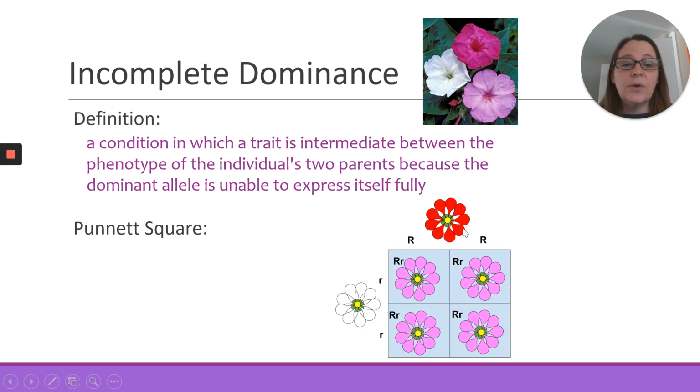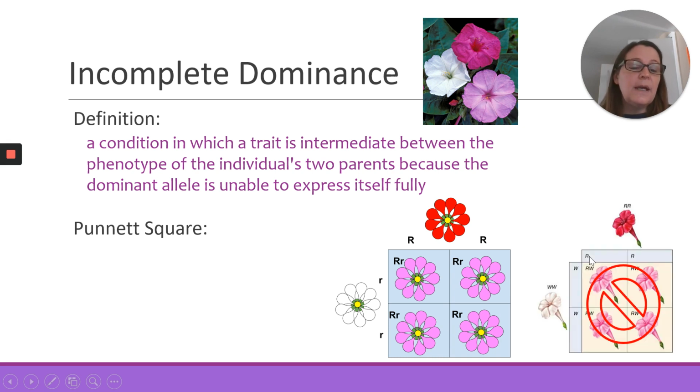For this case, when you create the Punnett square for incomplete dominance, we're going to use the darker color, just as a convention, as the capital letter, even though it's incomplete dominance, and then the lighter color, in this case white, with the lowercase letter. So if you were to breed the red flower and the white flower, you get some intermediate color in their offspring. All of their offspring are heterozygous, so they will all be pink.